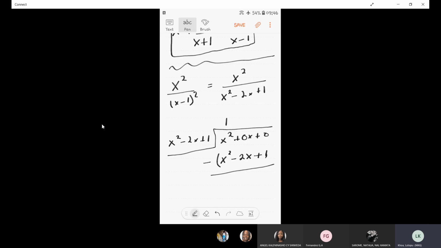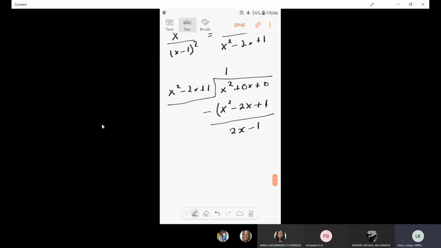So 0x minus negative 2x, this is just 2x. And then 0 minus positive 1, this is minus 1. So I will stop here because the degree of this expression over there is less than what I am dividing by. So this is my remainder. 2x minus 1 is my remainder.